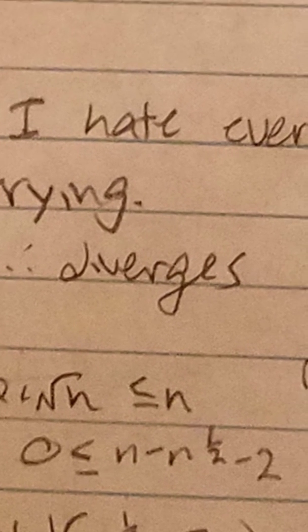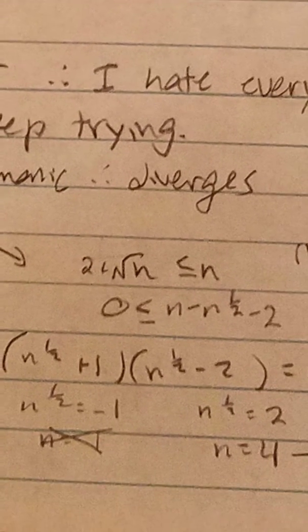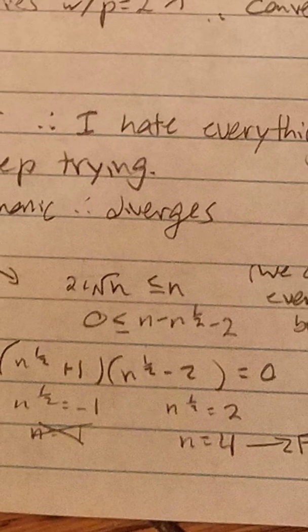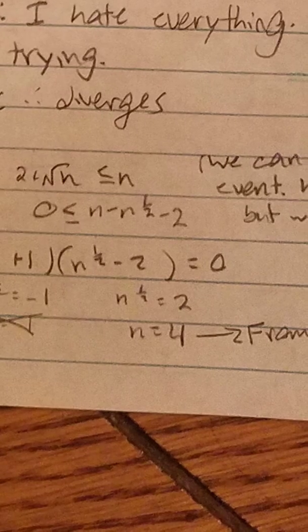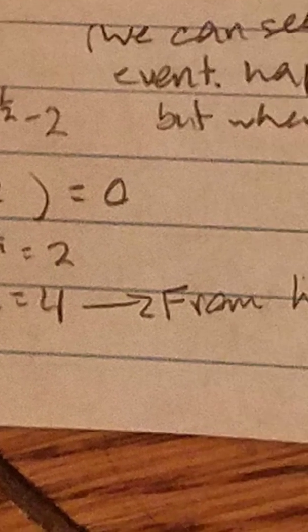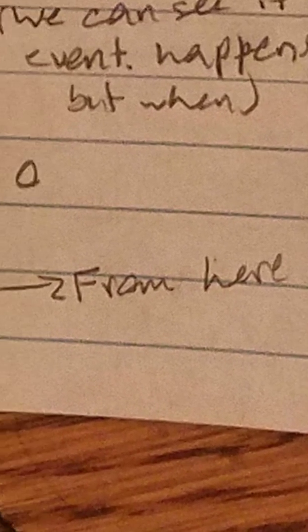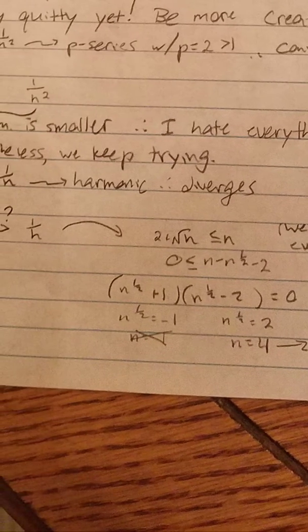So, move some stuff around. You get 0 is less than or equal to n minus n to the 1/2 minus 2. You can factor that. I know you guys can do basic math, so I'm not going to insult you. Basically, you find out that from n equals 4 on, it is larger.